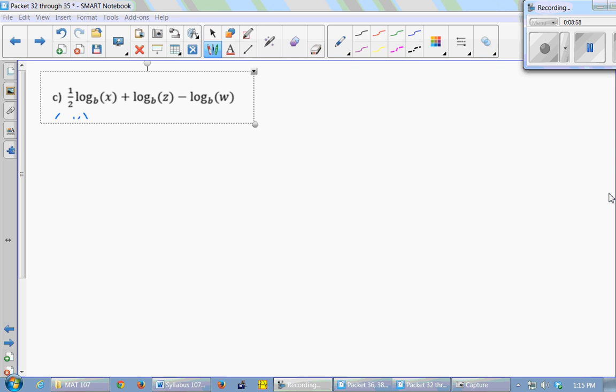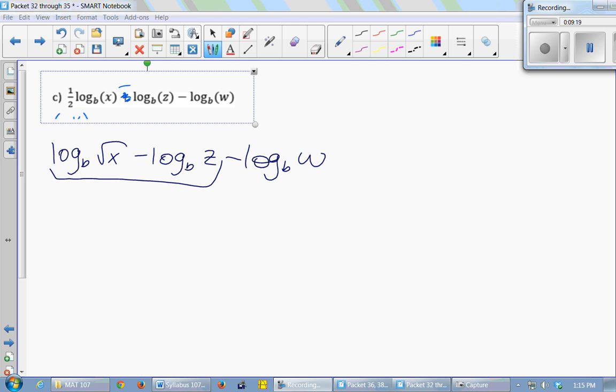Okay, so question is, what if this weren't a plus, but it were a minus? So again, I would combine them just one thing at a time. So first I'd pop the 1/2 up, so I'd have log base b of the square root of x minus log base b of z minus log base b of w.